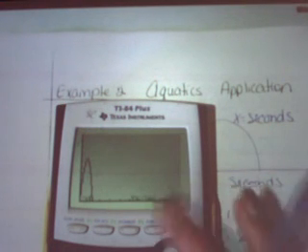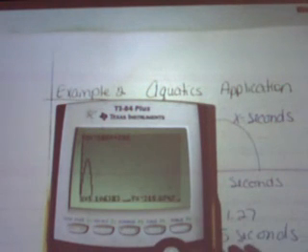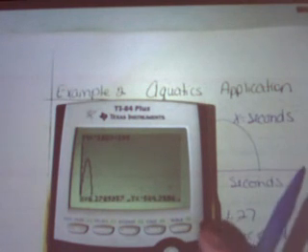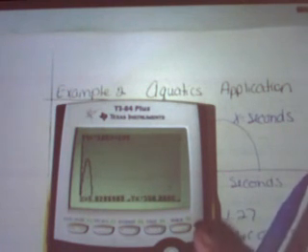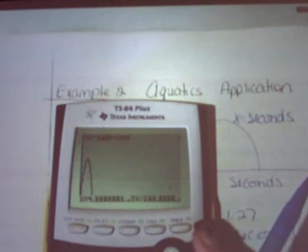So this time if we hit trace, I want my y to be 0.